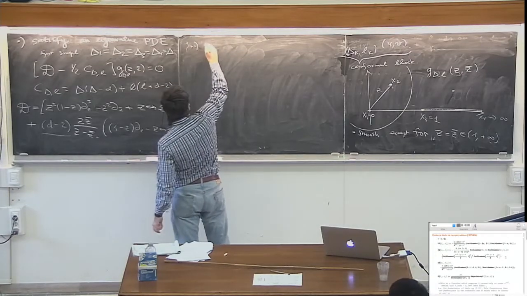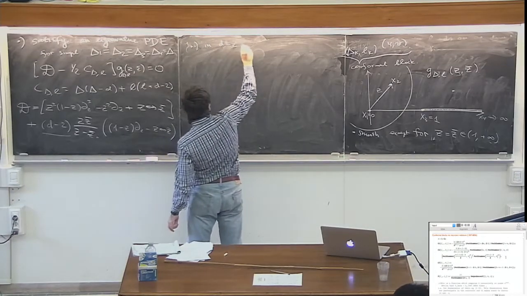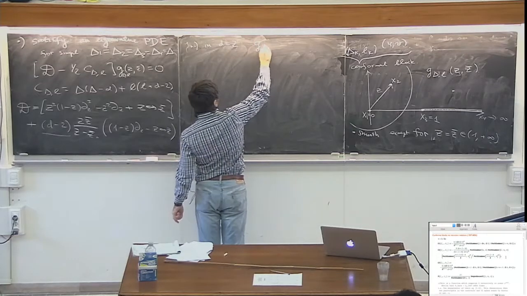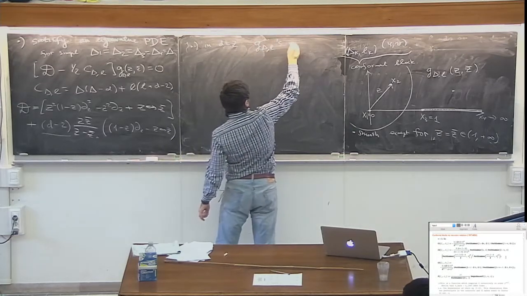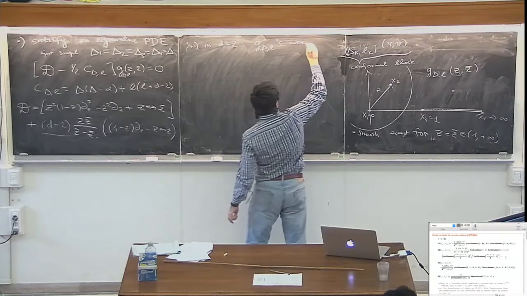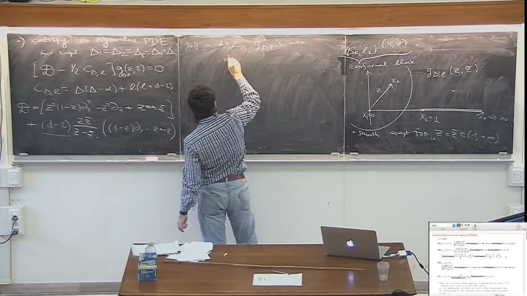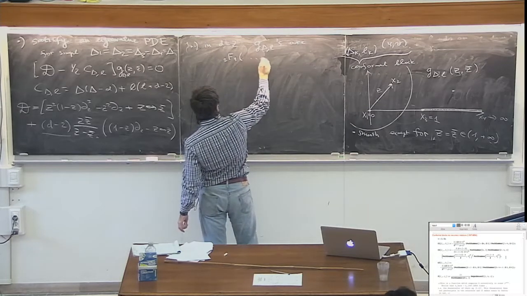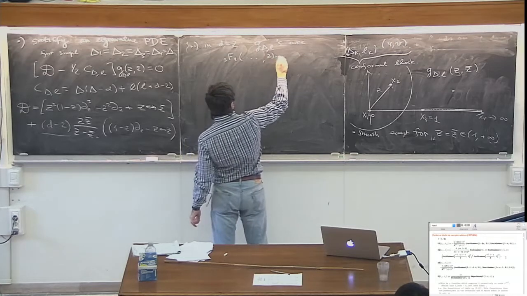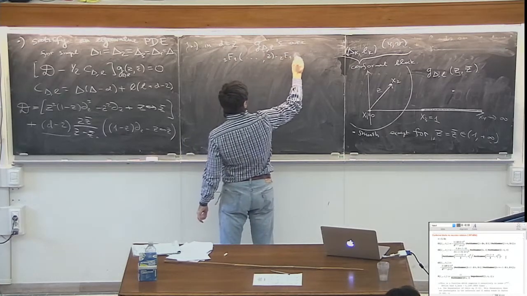So in d equal 2, conformal blocks, the g delta L's, are just of the form 2F1 with certain arguments of z times 2F1 of z bar.